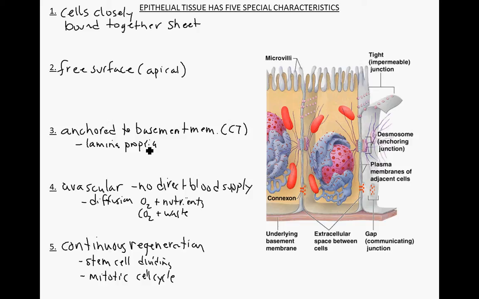Again, that free side, the apical side, is typically folded in some way into cilia or microvilli. And these folds of the cell membrane greatly increase the surface area for absorption across or secretion out of.